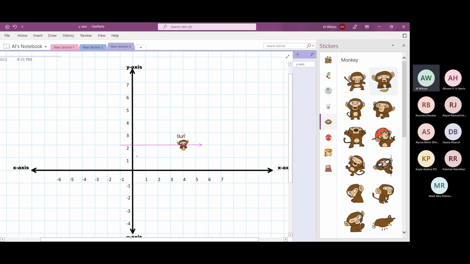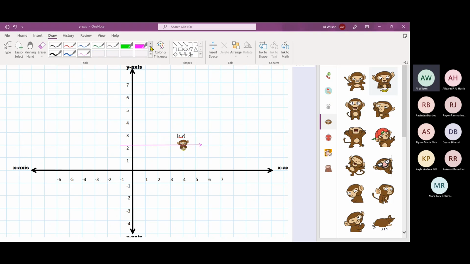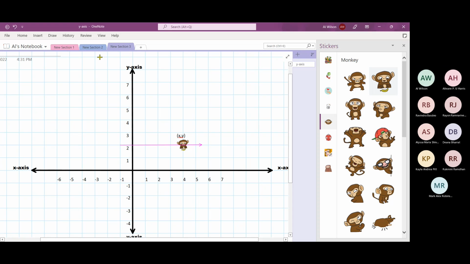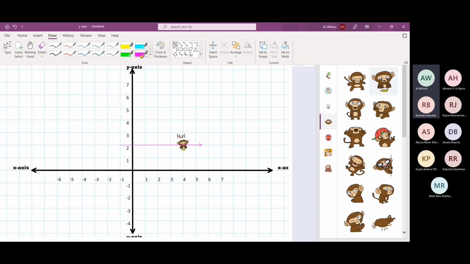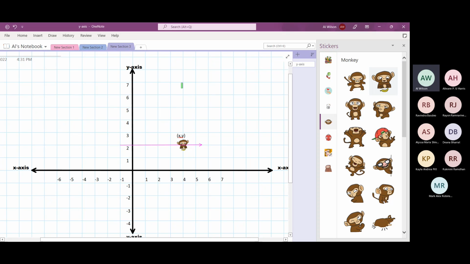Everyone sees that? Good. So what I would do now, let me go for another color. So using the line, and let's say we use green this time. And what I'll do is I'll just draw another line going here.